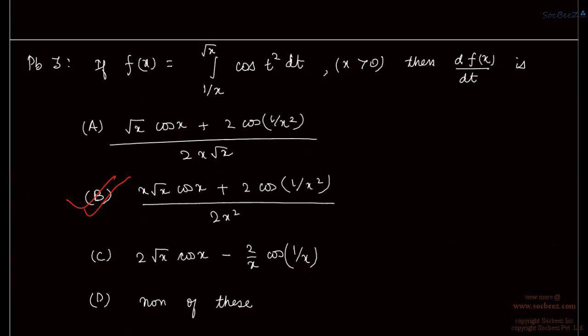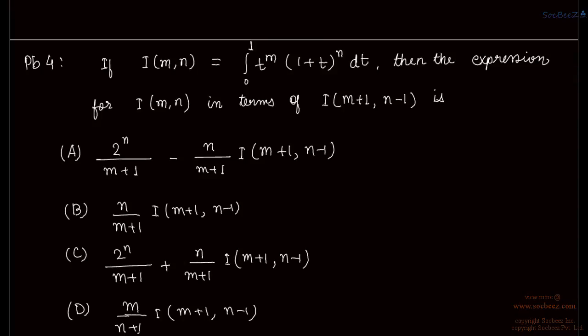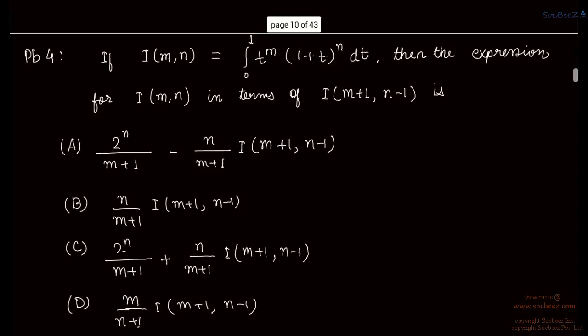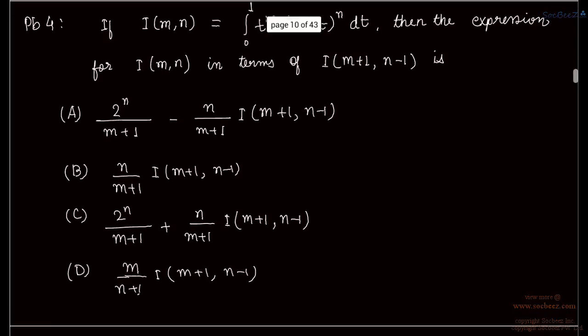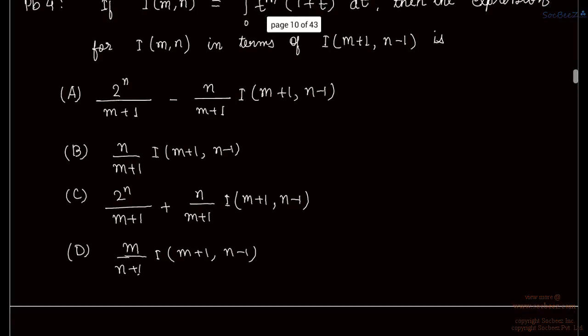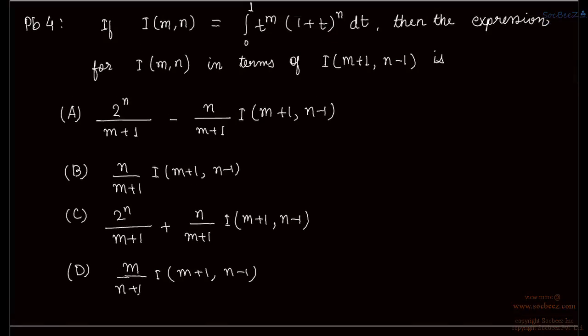Okay. Now we have our fourth question, problem number 4. The integration I as a function of m and n is given as the integral of t to the power m into 1 plus t to the power n dt. We have to find the expression of I m n in terms of I m plus 1 n minus 1.